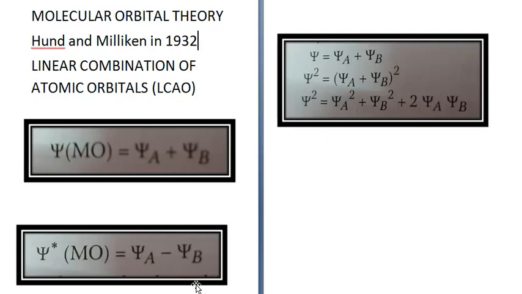The electron density is given by the square of the wave function. Waves are added up and the square of the wave function becomes (wave function of A plus wave function of B) whole square, that is equal to wave function of A square plus wave function of B square plus 2 wave function of A wave function of B. Okay.